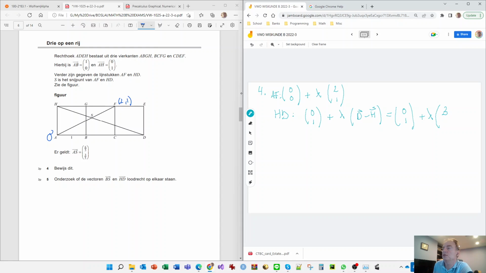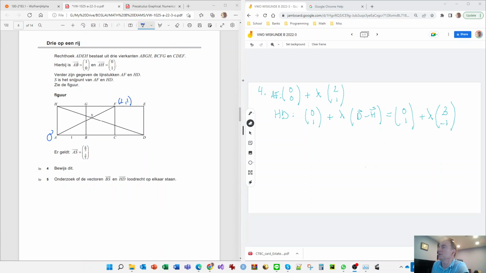The y coordinate of D is 0 and of H is 1, so it's minus 1. So now, where do they cross?